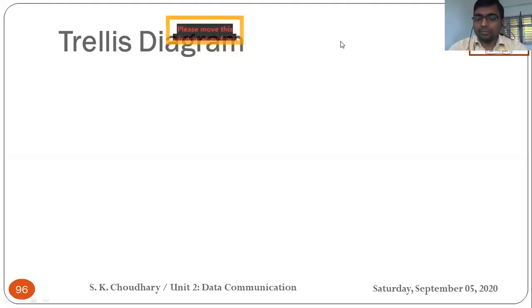So we start the lecture for today. In the last lecture, we have seen the topic related to convolutional encoder. From the past two lectures, we have been learning the convolutional encoding methods.